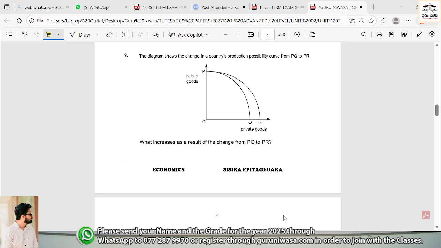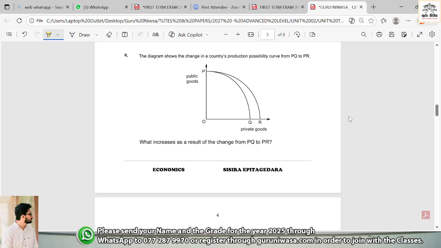I was looking at the paper, right? Okay. Here the question is asking about the diagram showing the change in the production possibilities curve from PQ to PR. It means a rightward shift. What increases as a result of the change from PQ to PR?